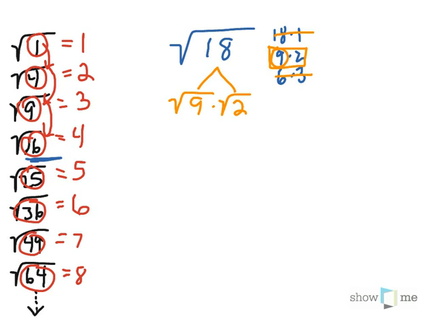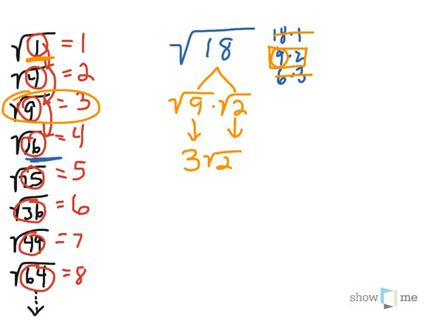So I haven't changed what this means, I've just changed the way it looks. The reason I've done that is that part of this number I know in my head, and the other part I don't. Square root of 9, I know that one. That's 3. Square root of 2, well, I don't know the square root of 2. It's a decimal, actually one of those never-ending decimals we call an irrational number. So instead of getting a decimal and rounding it off and making this answer somewhat inaccurate, I'm just going to write square root of 2, because that's the number that's not nice.